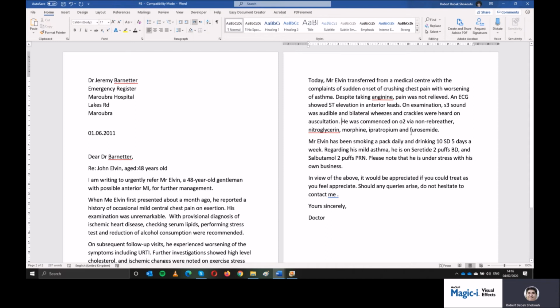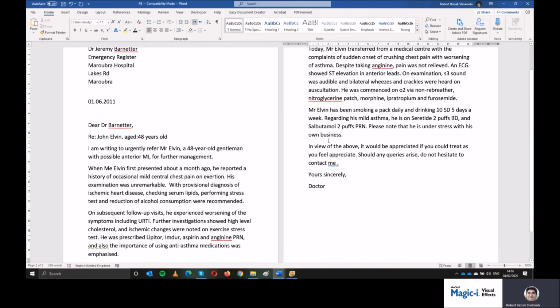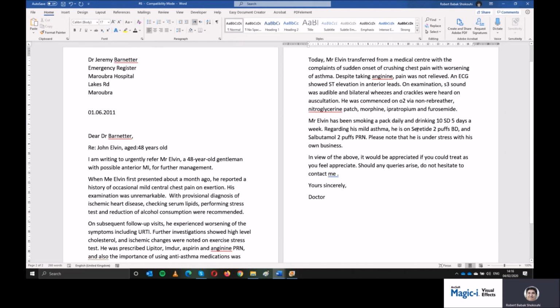He was commenced on O2 via non-rebreather, nitroglycerin patch, GTN patch, morphine, ipratropium, and furosemide. Do we have his blood pressure? No. Mr. Elvin has been smoking a pack daily and drinking.